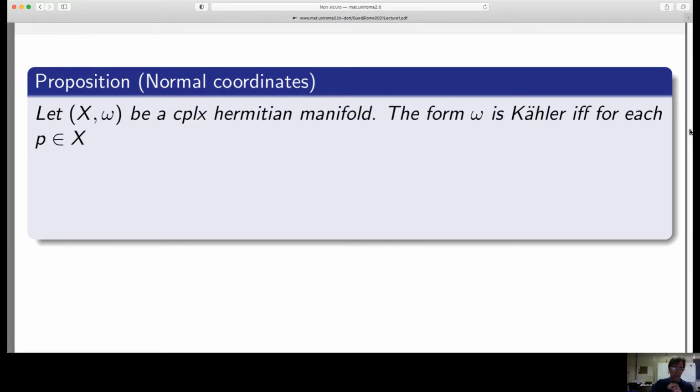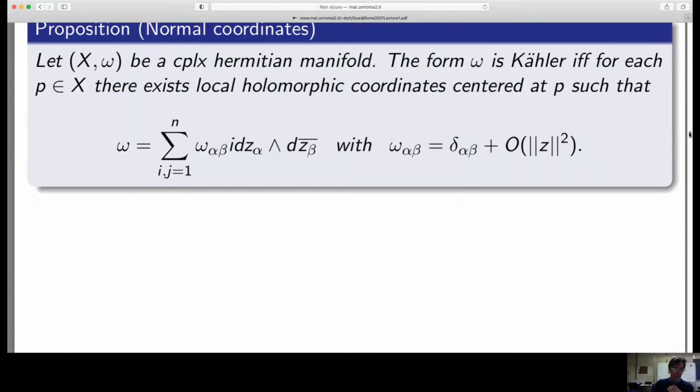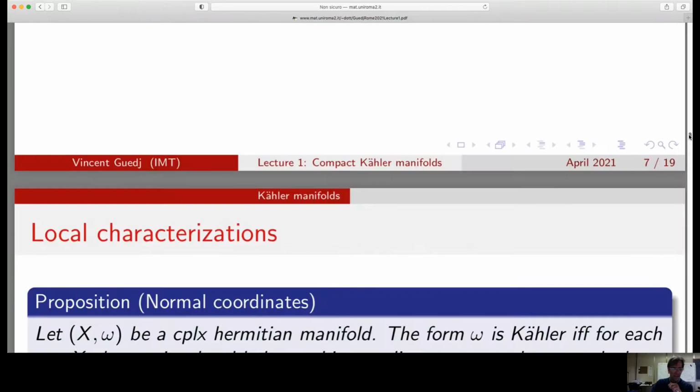But this is in general not possible for generally Hermitian metrics on a complex manifold. But a metric is Kahler if and only if you can construct a holomorphic local coordinate system such that at 0 you get the identity and 0 first derivatives. That is, omega is the identity up to second order.